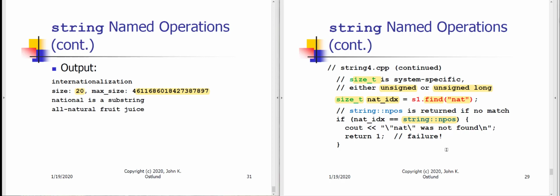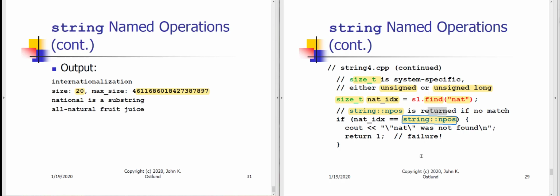What's guaranteed for the string class for all compilers, both existing compilers and future compilers, is that the find member function of the string class returns string::npos if it's unable to find the string or the character that you're looking for. So that is the notation that you should use to compare against to see whether the string you were looking for was not found.